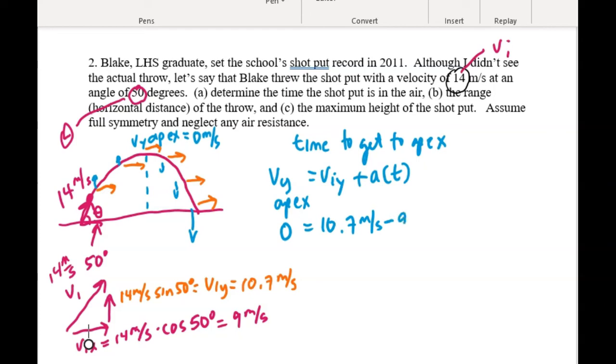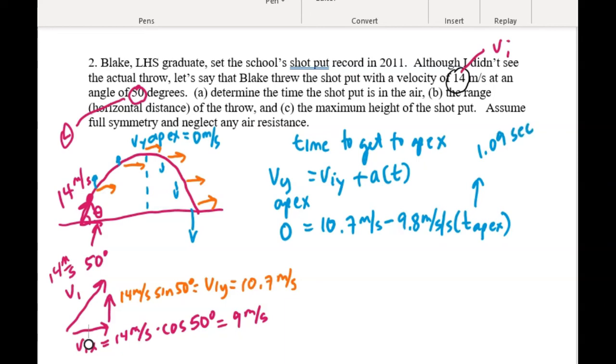So I'll say minus 9.8 meters per second squared times t, and that'll be our apex time. So I can run through the calculation there, put the 10.7 on the other side, divide that by my 9.8. I get an apex time equal to 1.09 seconds.